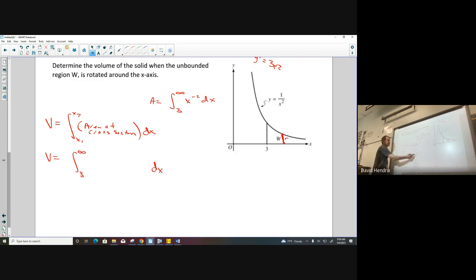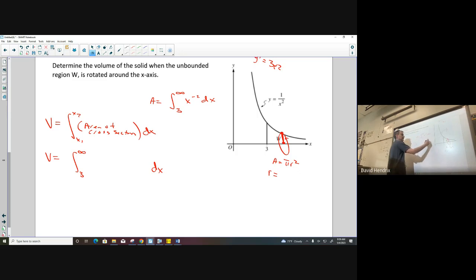Realize when we have a dx integral, your bounds are definitely going to be in terms of x. And then we have to think of the area of the cross-section. The area is going to be pi r squared, the area of a circle. And r is just a length, which is calculated by going top minus bottom.